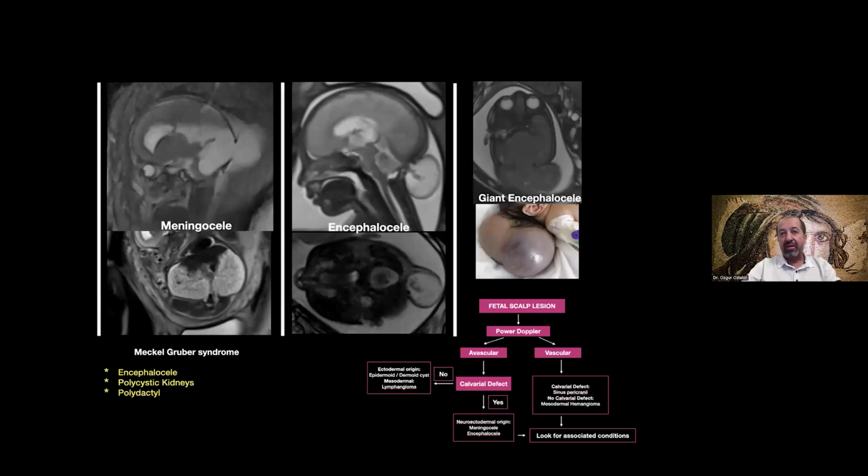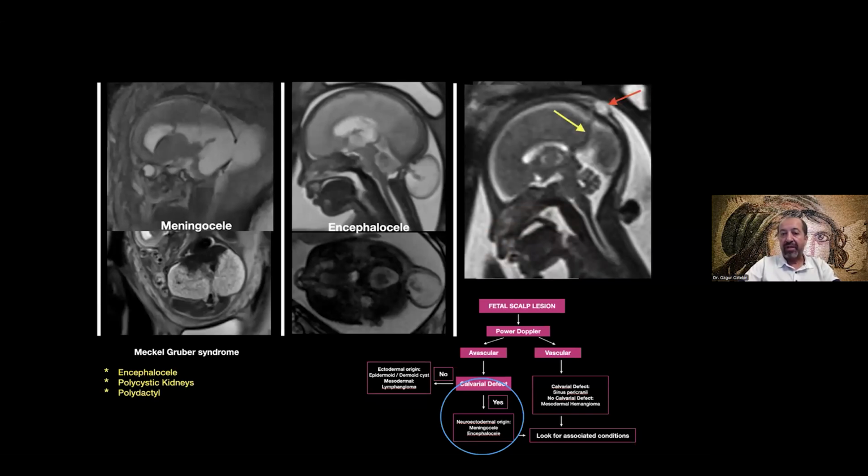The presence of an intracranial communication in an avascular scalp lesion suggests neuroectodermal conditions such as meningocele or encephalocele. When a midline cystic scalp lesion is detected, evaluating the venous anatomy is crucial for diagnosing atretic cephalocele.